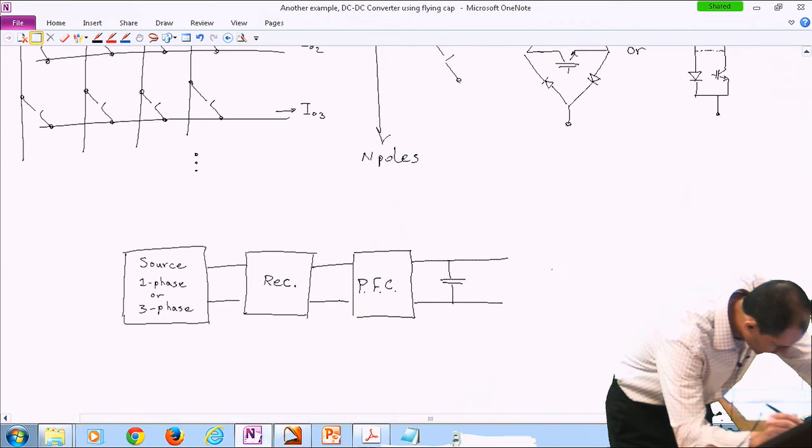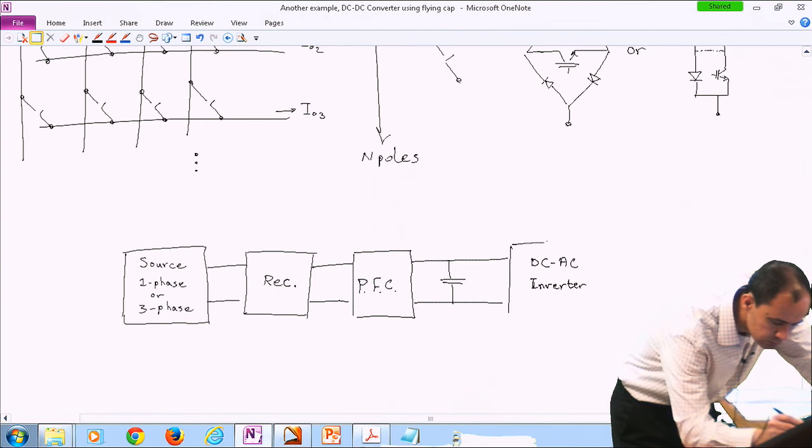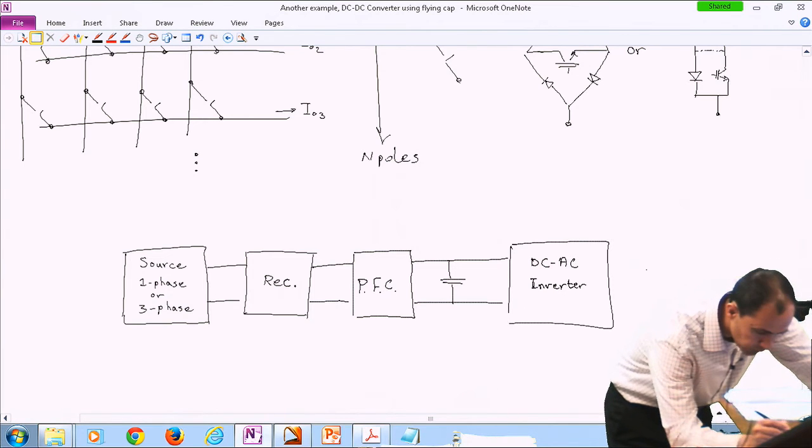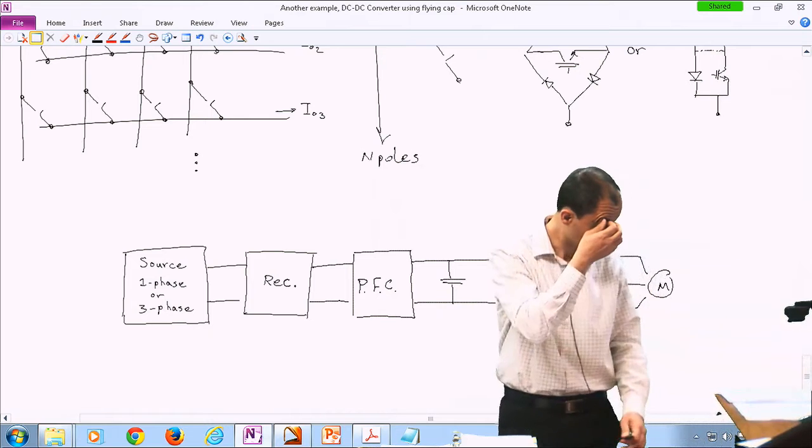And then you've got to have an inverter to provide power to your electric motor, assuming that it's a 3-phase motor. My drawing is based on that assumption.